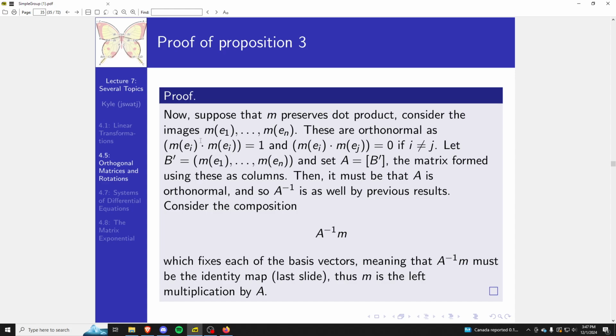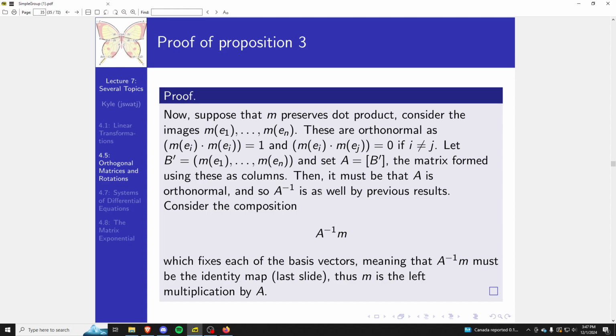So their dot product with each other is 1 if they're the same and 0 if they're different. And so we let B prime be exactly this ordered set and take the matrix A of these columns. Since this is a matrix of columns that are orthogonal and unit, it must be that A is orthogonal, and so is A inverse as well by previous results.